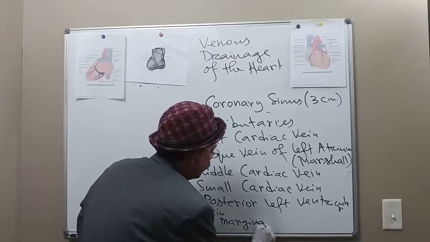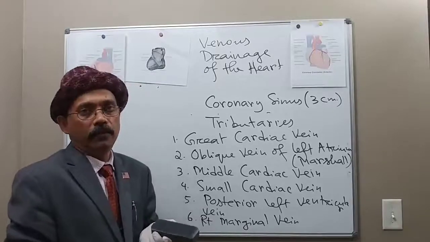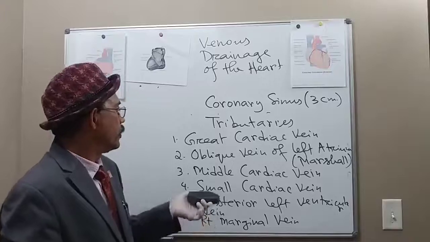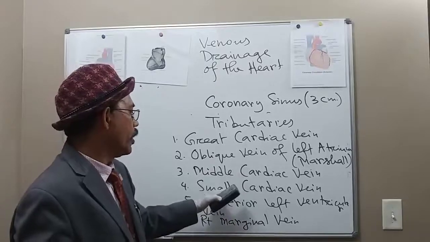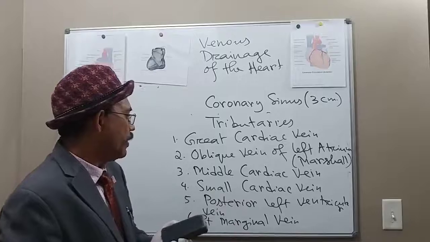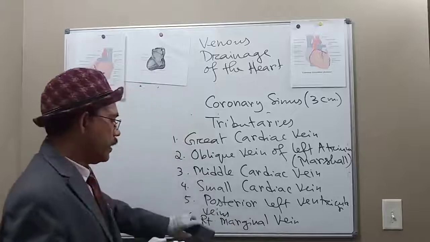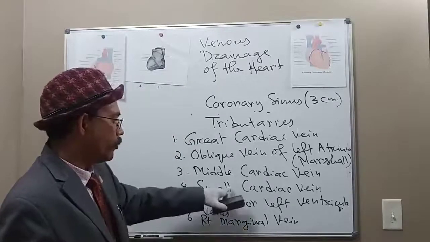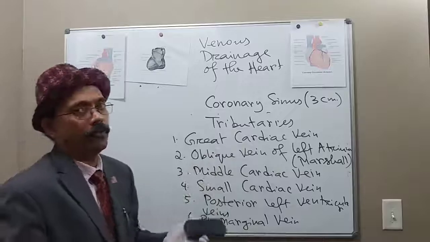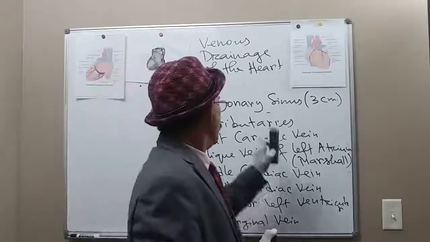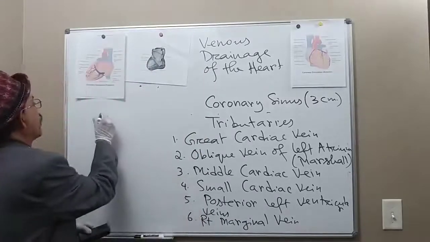So we got the tributaries of the coronary sinus: great cardiac vein, oblique vein of left atrium, middle cardiac vein, small cardiac vein, and posterior vein or veins of the left ventricle, which may be multiple. The right marginal vein may be a tributary of the small cardiac vein, or the small cardiac vein may be separate, or the right marginal vein may be a tributary of the coronary sinus. Okay.